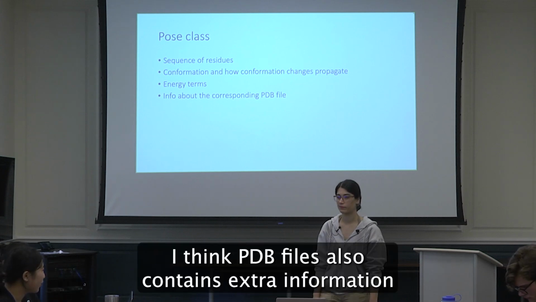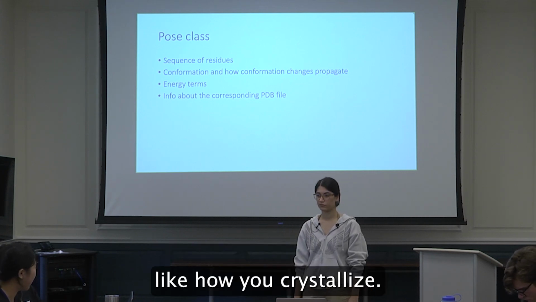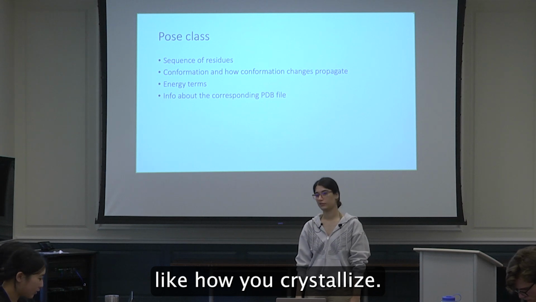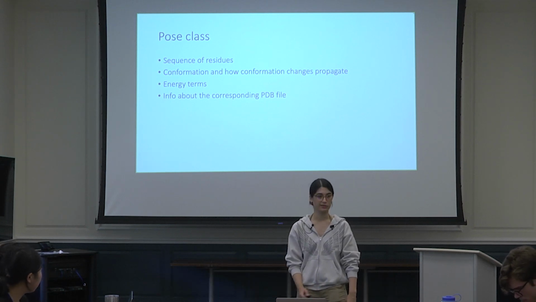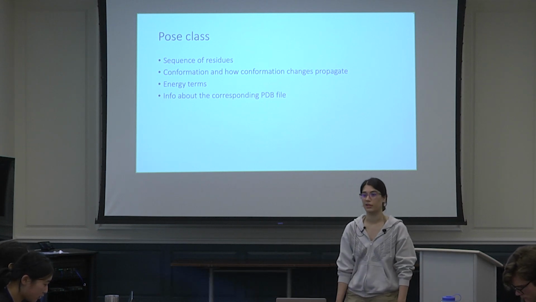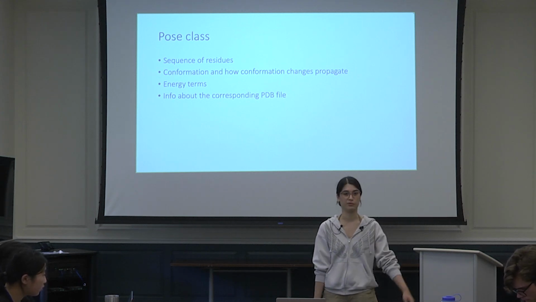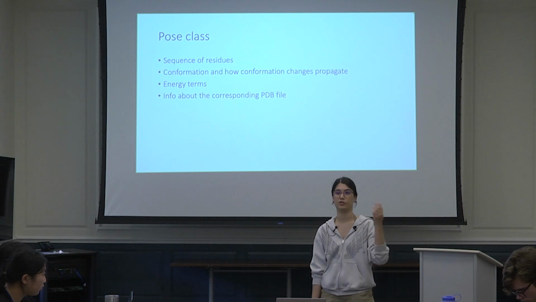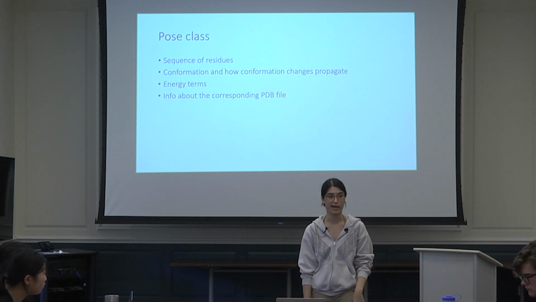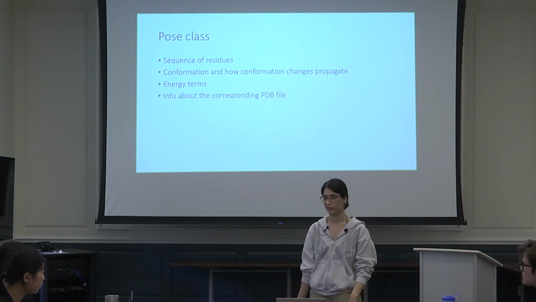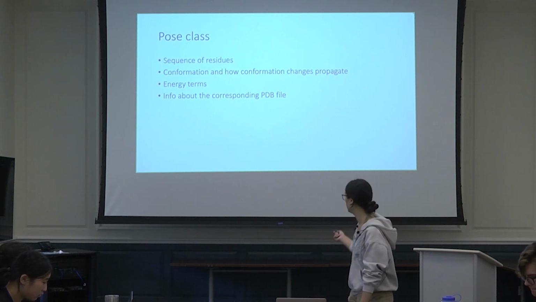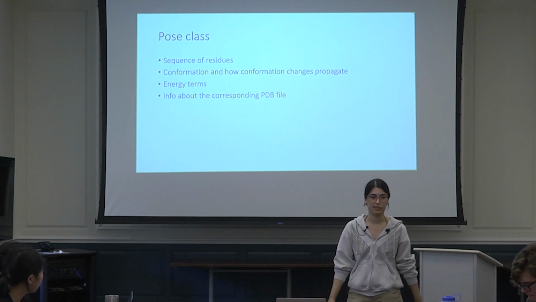The PDB file also contains extra information like how it was crystallized at the beginning. So we might have some experimental information regarding, for example, how it was crystallized or the resolution. If you want to apply a quality cutoff on the structures that we have, we would be able to do this based on the information stored in a PDB file.